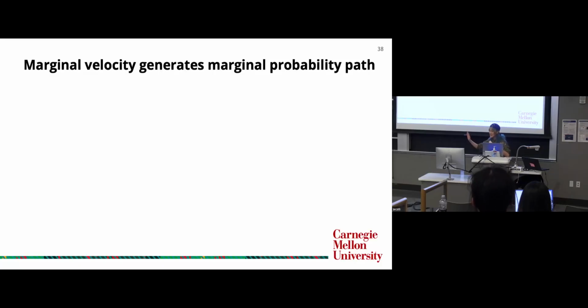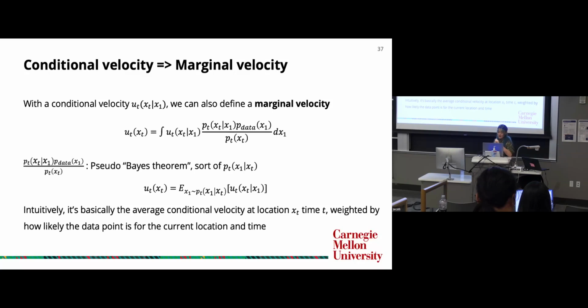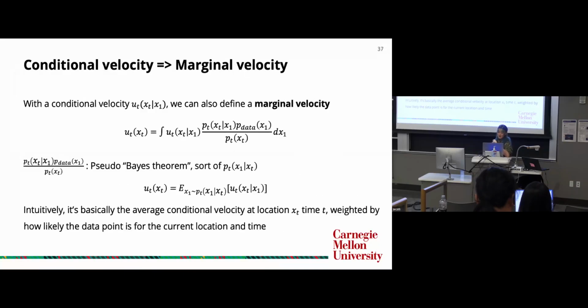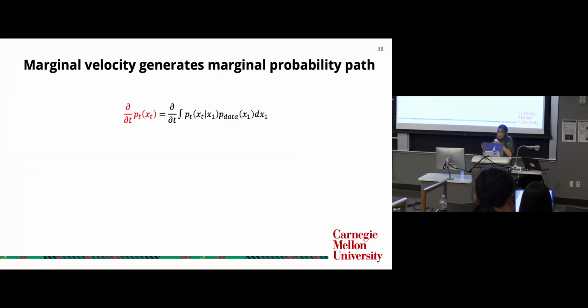All right. A very interesting thing here is that the marginal velocity we just saw actually generates the marginal probability path that we want. Okay. What it means by generate is that the continuity equation, the PDE, is satisfied. And why does it satisfy? If you break everything down, you are able to get the divergence back.